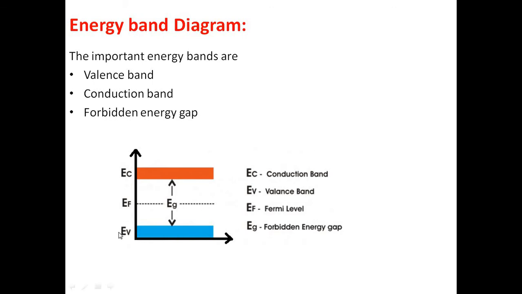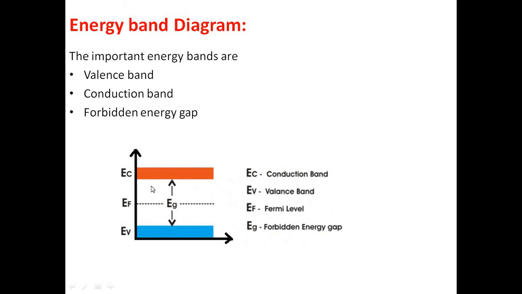Here, this energy level called EV is represented at the maximum level of the valence band. The maximum energy level in the valence band is called the valence band energy, represented with EV, and the minimum energy level in the conduction band is called the conduction band energy, EC. In the valence band, EV is at the highest energy level; in the conduction band, EC is at the lowest level.